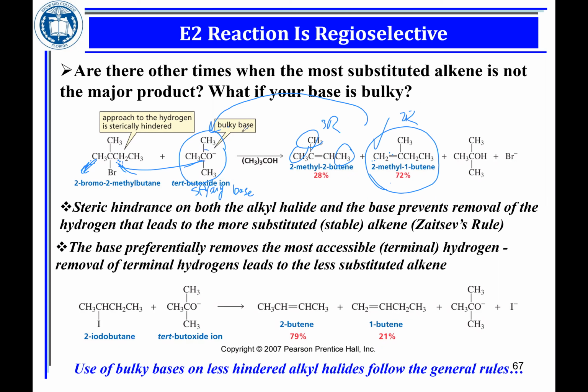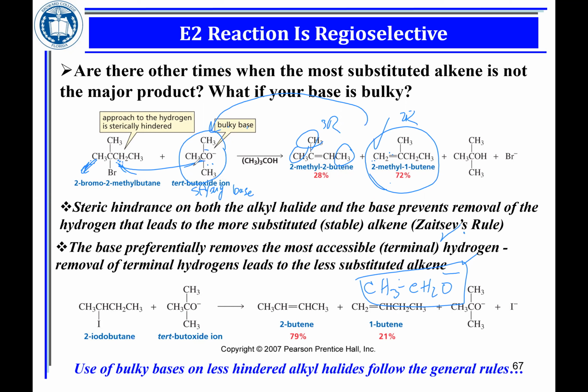If you use a normal hydroxide or alkoxide, like ethoxide, CH3CH2O, that is a strong base but not bulky. It's not tertiary like that. This is going to give you the Zaitsev product.